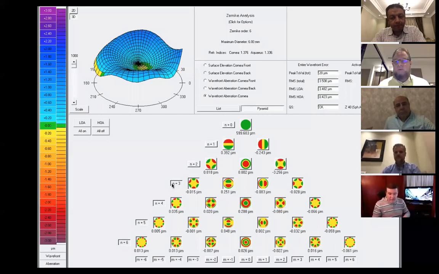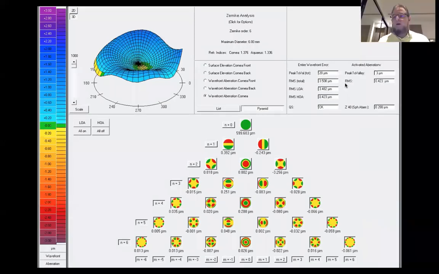We usually click on row N3, which is the vertical trefoil, vertical coma, horizontal coma, and horizontal trefoil, and the spherical aberration, which is in the N4, M0. So these 5 should be studied, and the RMS of the high order aberrations will be displayed here in total, and here for the spherical aberration.